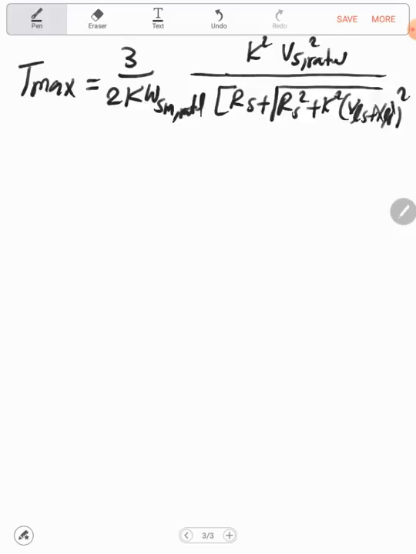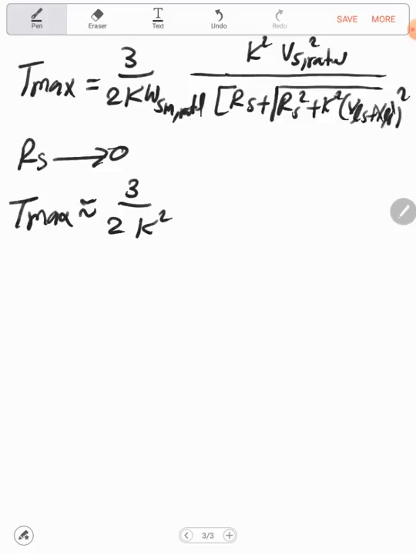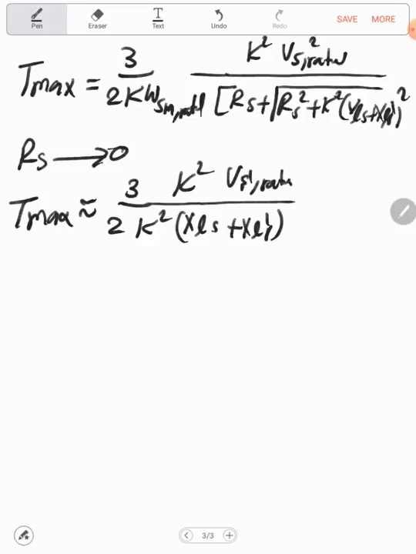One of the advantages of the V over F control is that if we assume that Rs is very small such that it can be neglected, then T max is almost equal to 3 over 2 K squared Vs rated squared over X Ls plus X Lr dash, which is almost constant.